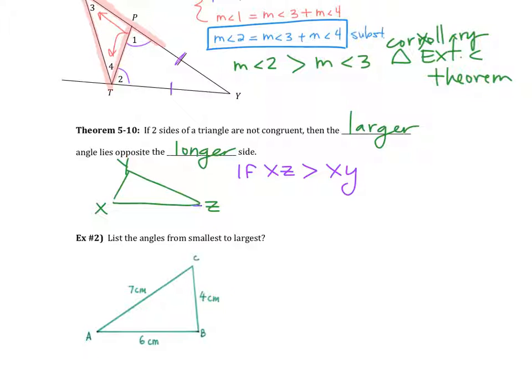So the longer the side, the larger the angle across from it. The shorter the side, the smaller the angle across from it. So if XZ is greater than XY, then what is also true is that angle Y is greater than angle Z.